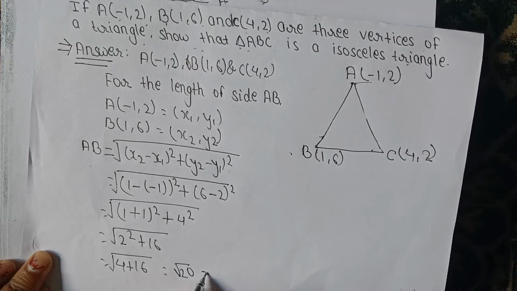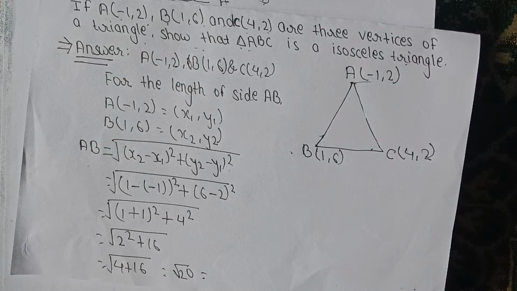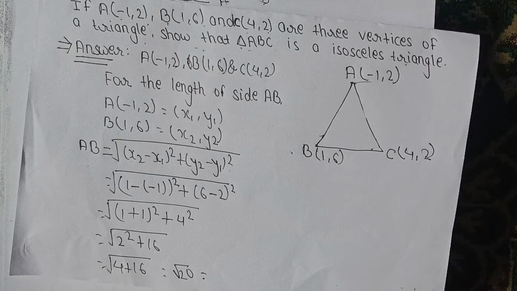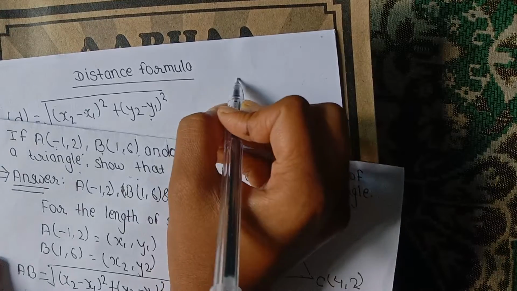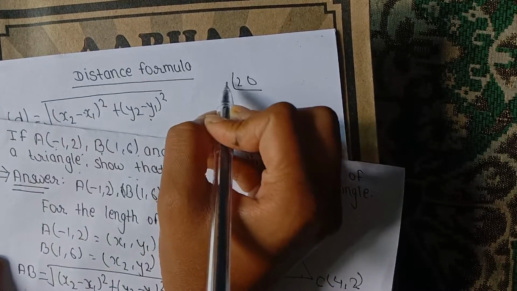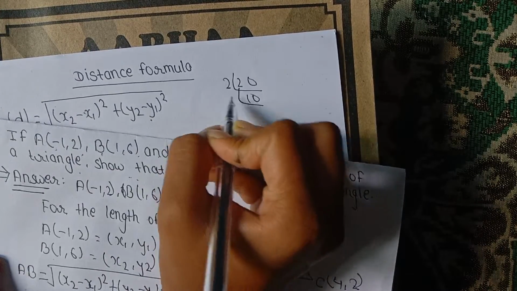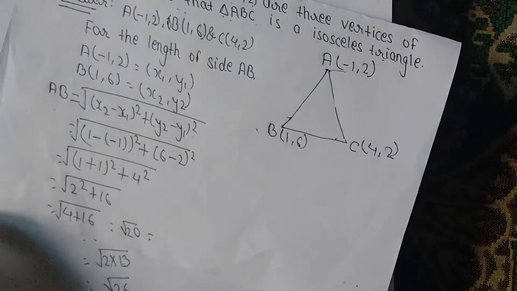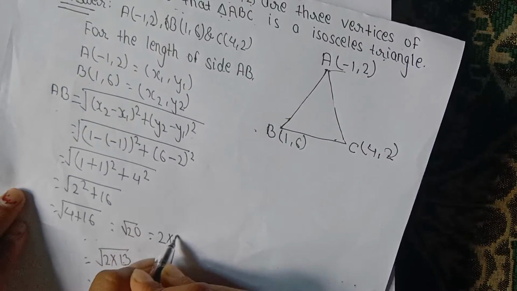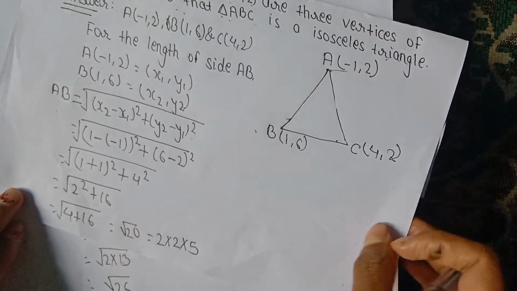Am I right? After that, is 20 a square of anything? No. So we have to factorize it. 2 tens are 20, 2 fives are 10. So here 2 into 2 into 5.